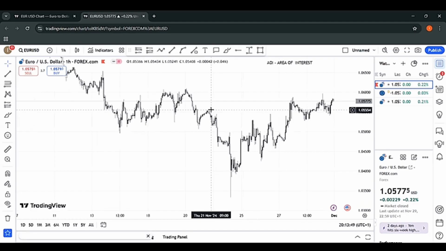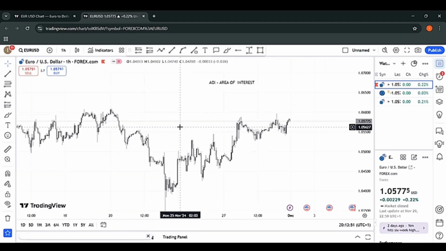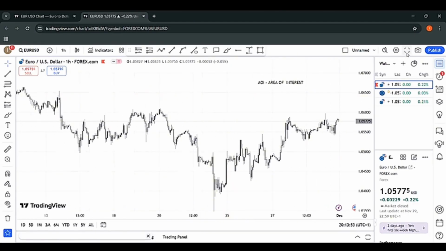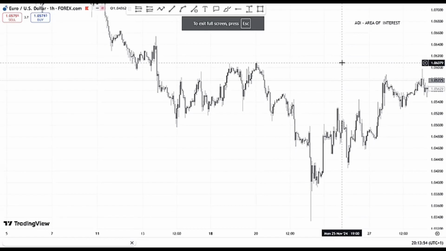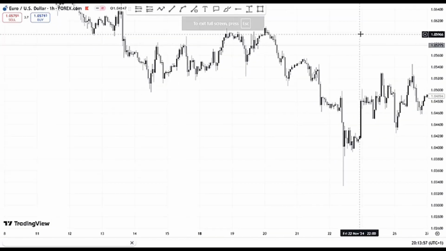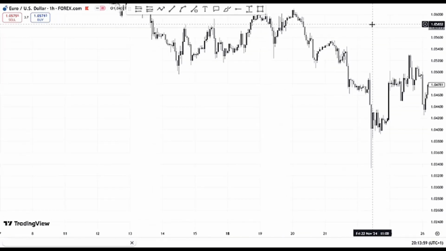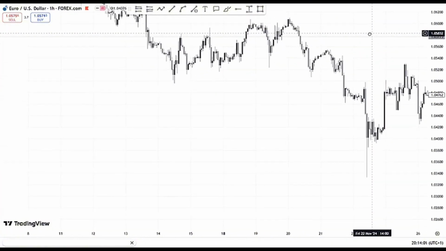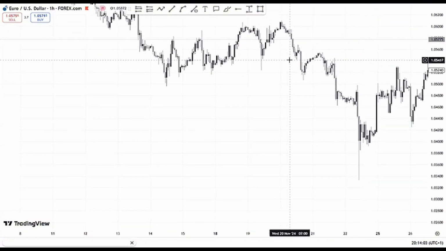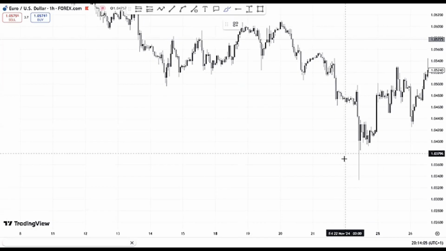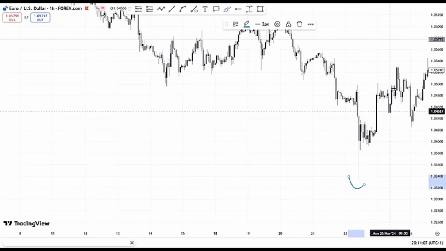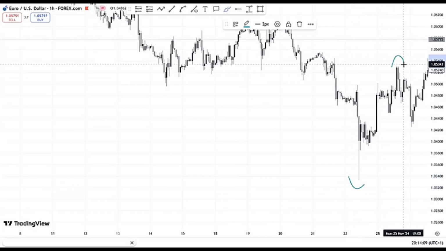Now, for instance, let's assume that I'm making reference to this range. Let me zoom my chart so that this is what I'm making reference to. I'm making reference to this structure range, this low and this high. What is a structure range?